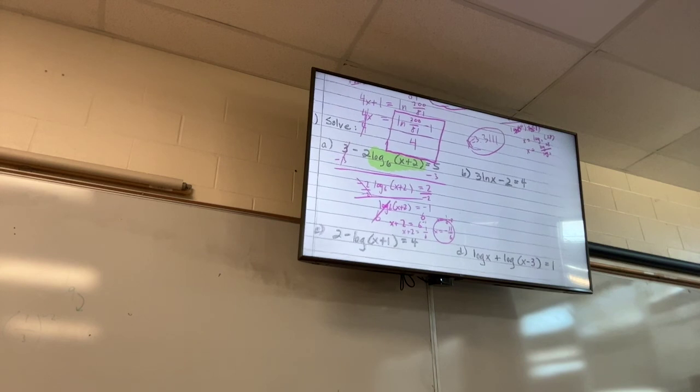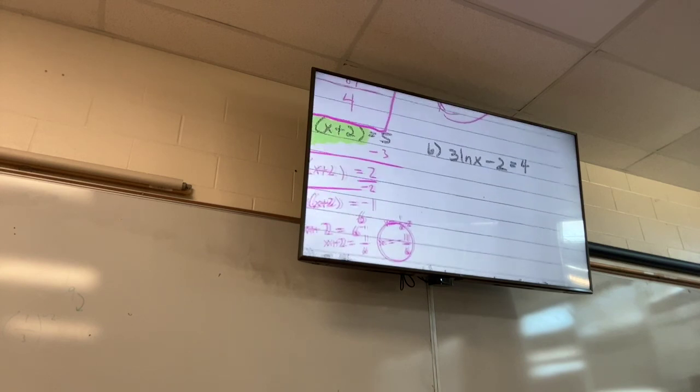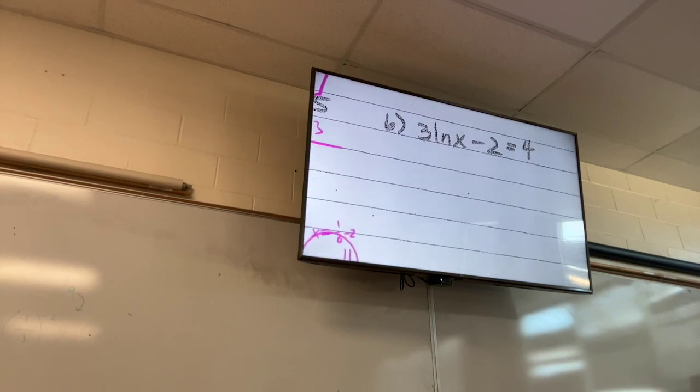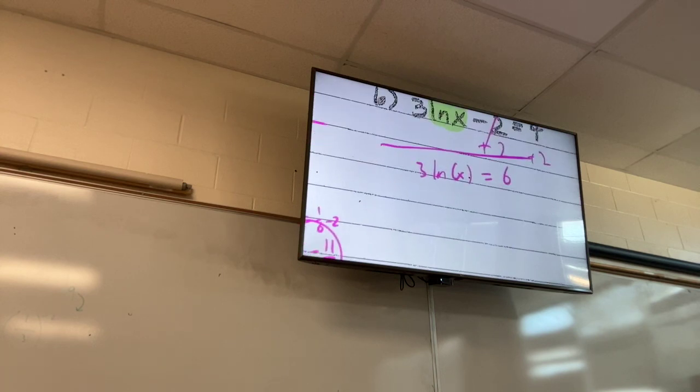Let's do this one. Can I do B? We want to get one log by itself, the log that contains x. So let's add 2 to both sides. Now I'm going to divide by 3. How do I break x out of a log?